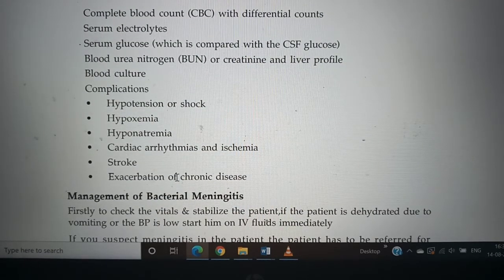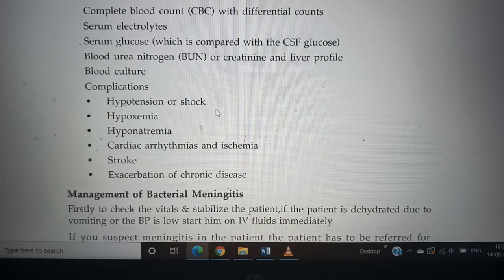The complications of meningitis: the person can have hypotension, that is reduced blood pressure, then hypoxemia, hyponatremia, that is lower level of sodium, cardiac arrhythmias, ischemia, stroke, and any other chronic disease present in the person can be exacerbated.